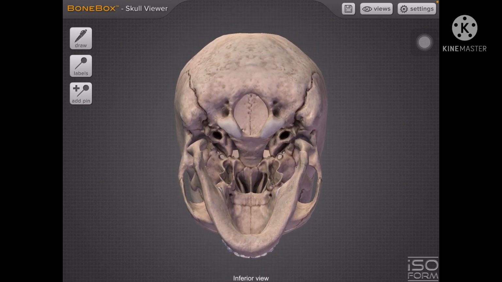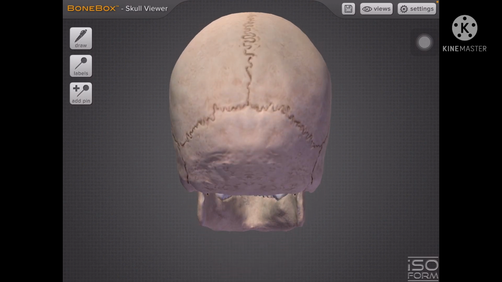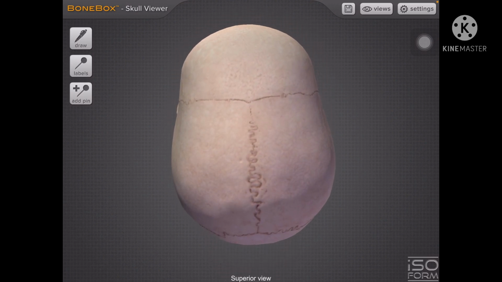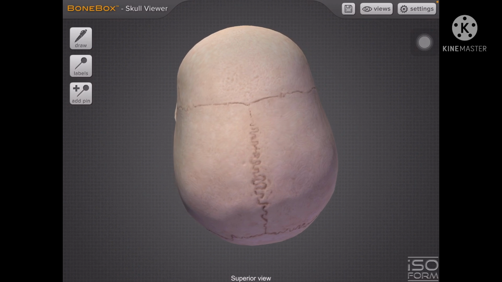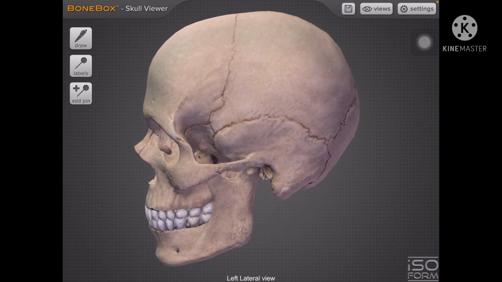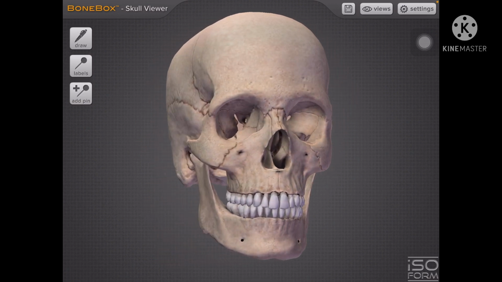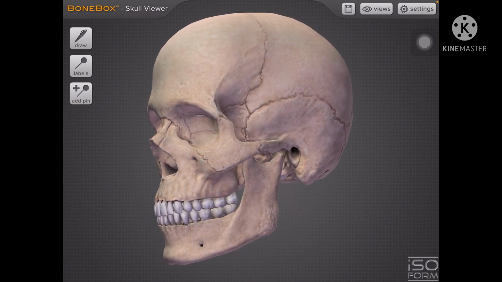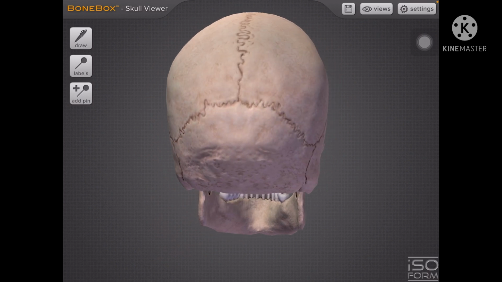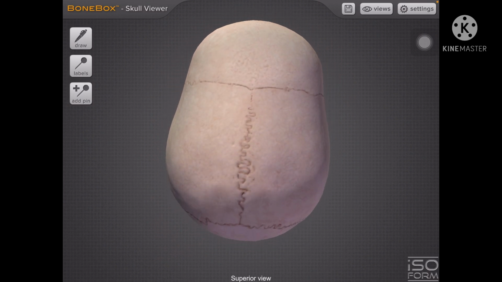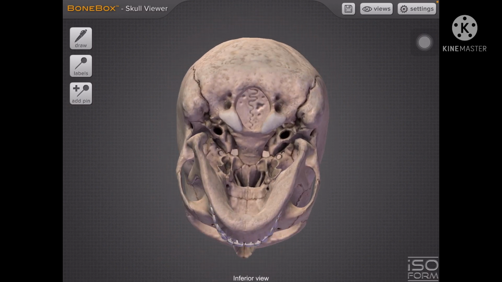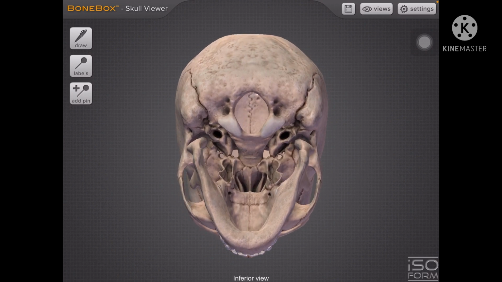Norma basalis is the inferior view, and norma verticalis is from the top, that is the superior view, and the last is norma lateralis, that is from the lateral side. What are the 5 views? Norma frontalis, norma lateralis, norma occipitalis, norma verticalis, and norma basalis. These are the 5 views of the skull.